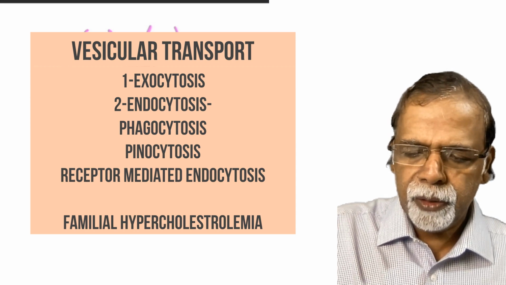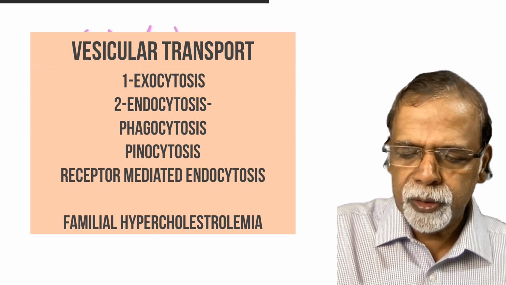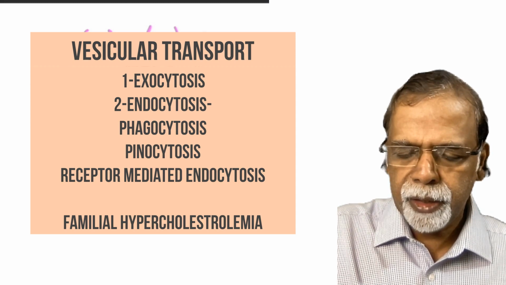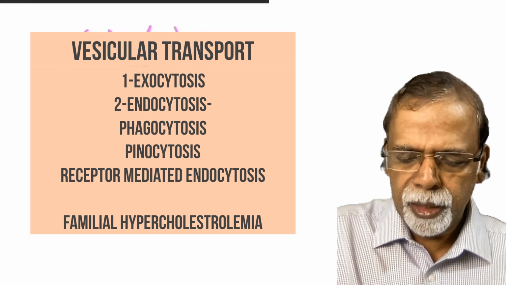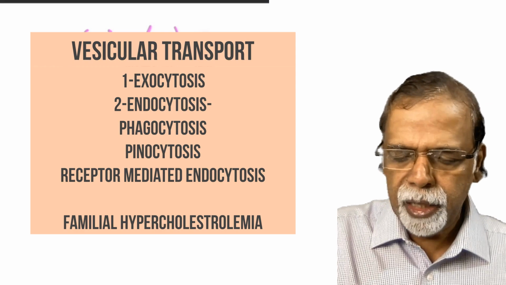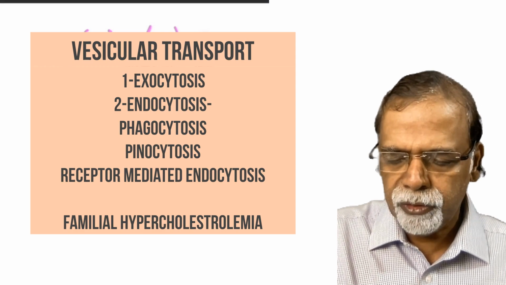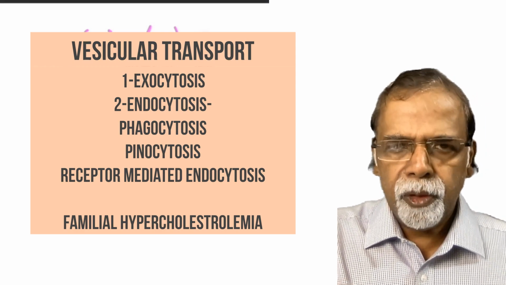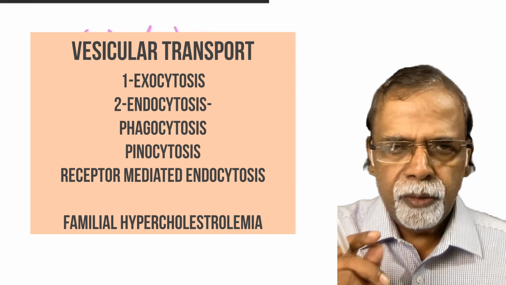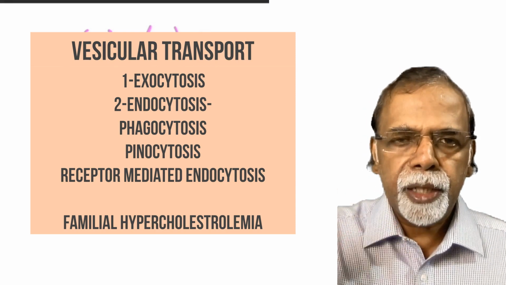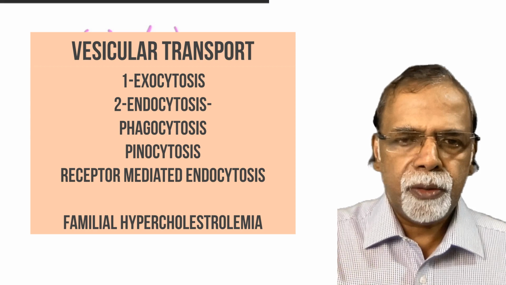Endocytosis is divided into pinocytosis, phagocytosis, and receptor-mediated entry, and hypercholesterolemia. The familial hypercholesterolemia is an example of an abnormality in the vesicular transport, receptor-mediated endocytosis.